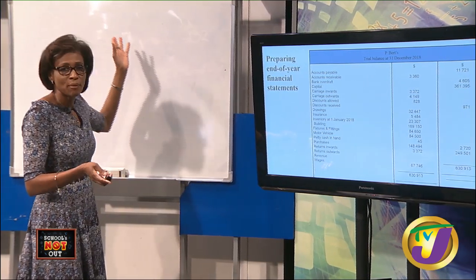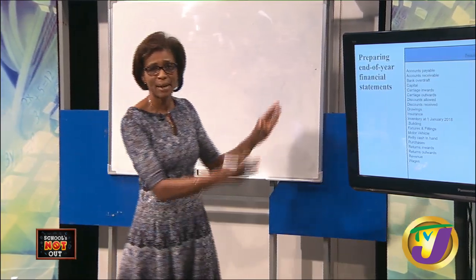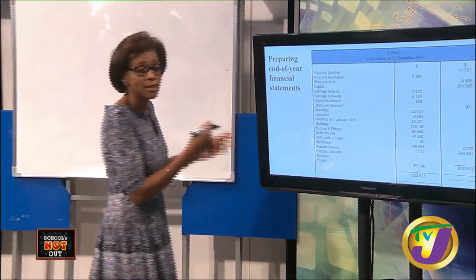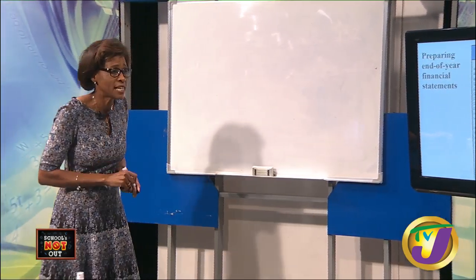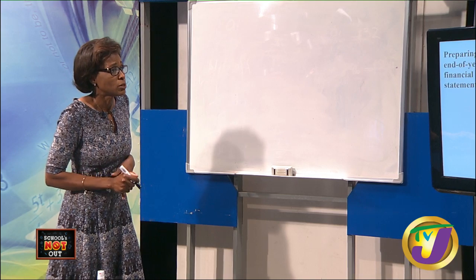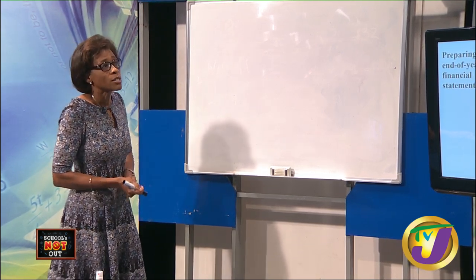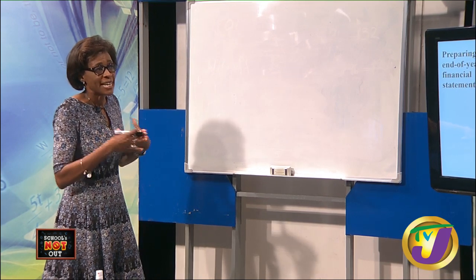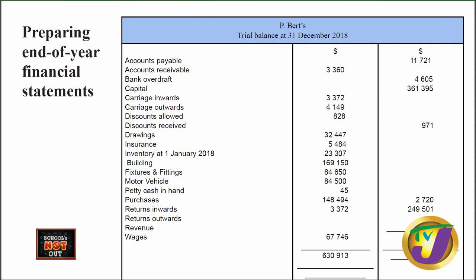All right, so I'm going to be writing up the various financial statements as we go along, using these balances. The first financial statement that we're going to prepare is our income statement, which is also referred to as our trading and profit and loss account.